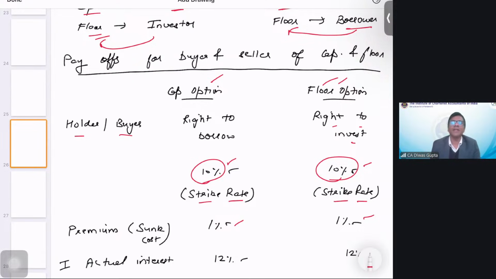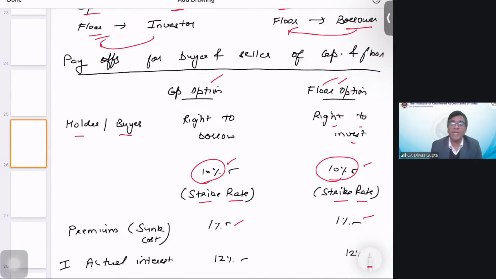Let's talk about the floor option, students. In case of a floor option, there is a right to invest. If the actual interest rate is 12% and the strike rate is 10%, then ultimately, what is happening to you? You can invest at 12% and you have an option to invest at 10%.